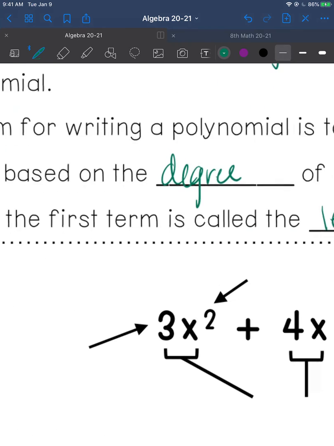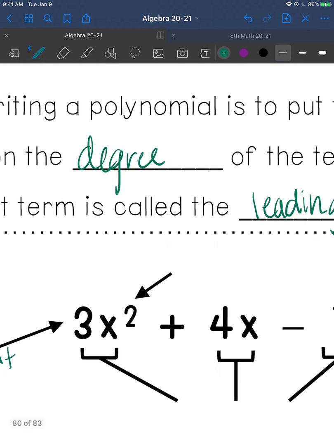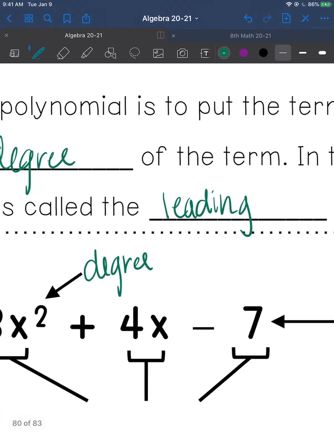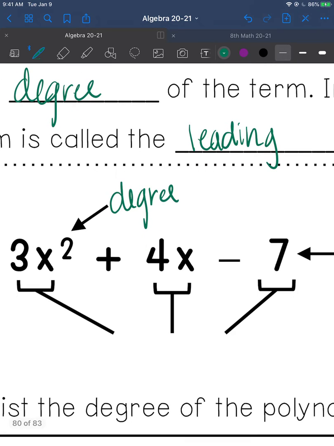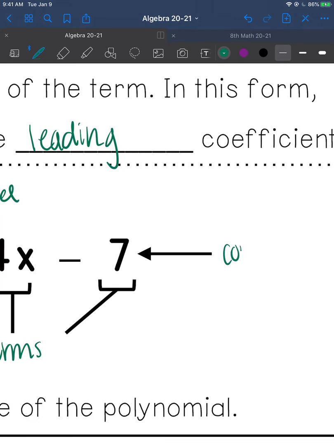So looking at this would be our leading coefficient. The 2 would be our degree because it's our biggest power. And then each one of these, 3x squared, 4x, and negative 7 are our terms. And negative 7 is our constant.